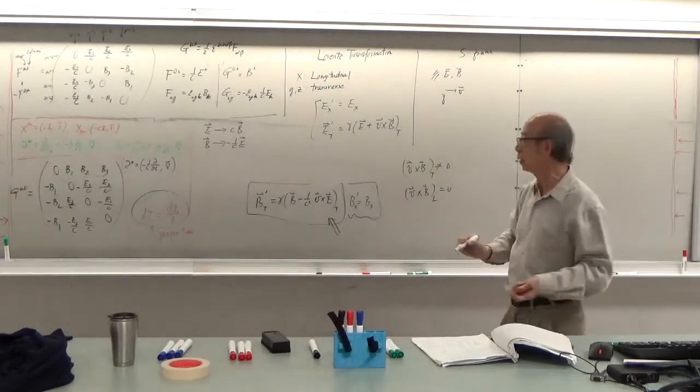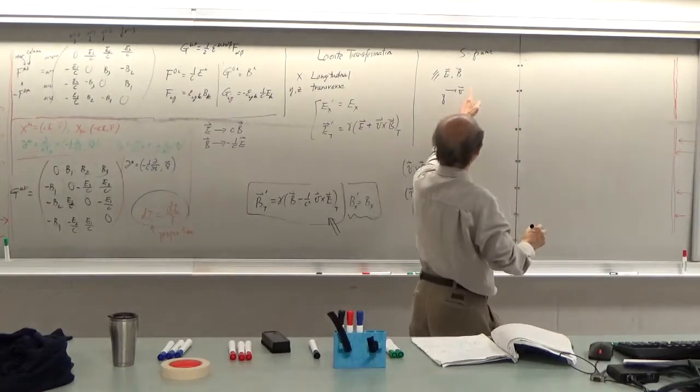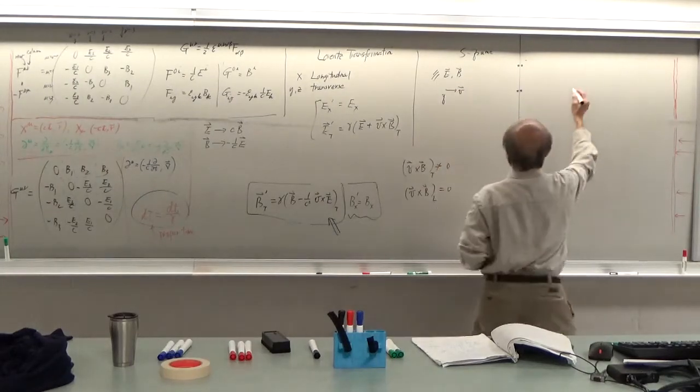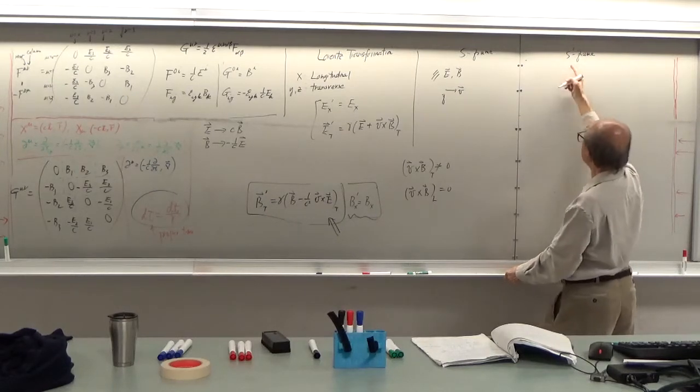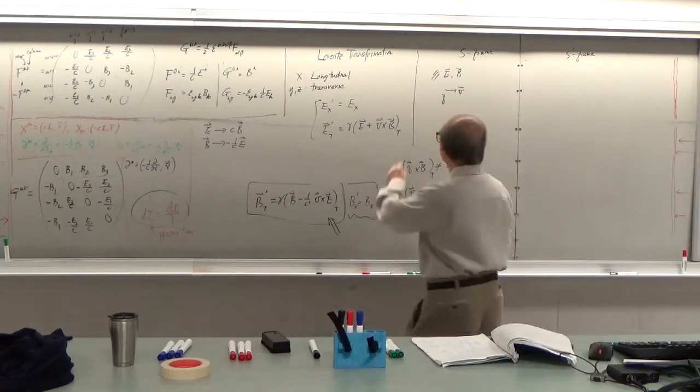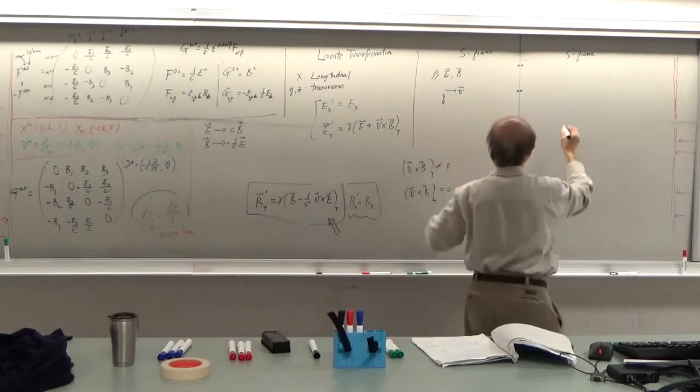The way we're going to do it is to make a transformation from the S frame to the primed frame, which I will call the S prime frame. In the S prime frame, the charge Q is at rest.